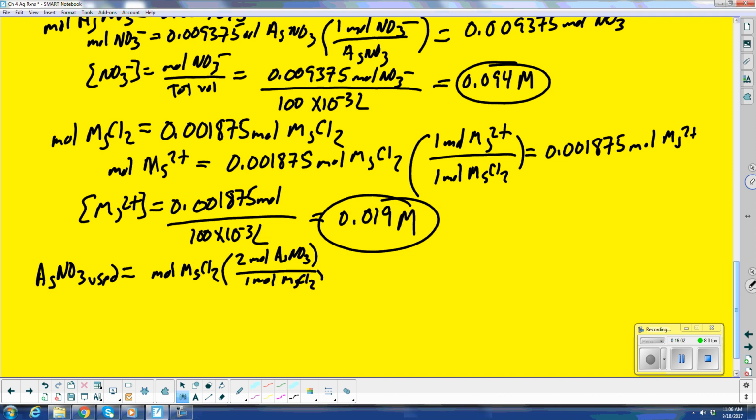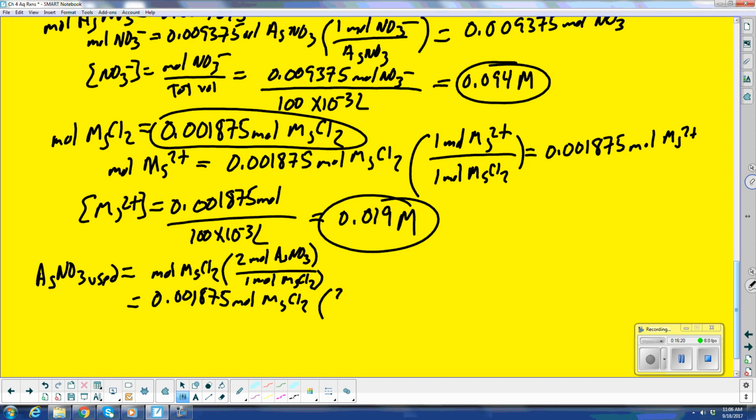All right, so let's do it. So moles of my original magnesium, I think is right here, right? 0.001875 moles of magnesium chloride times, what's my mole ratio? 2 moles of silver nitrate per 1 mole of magnesium chloride.